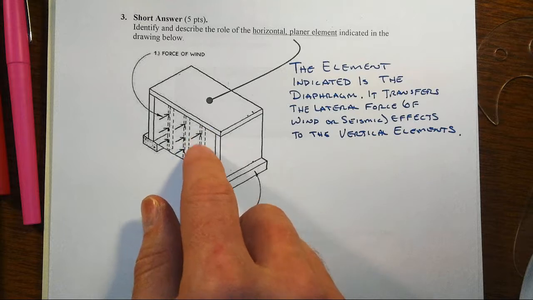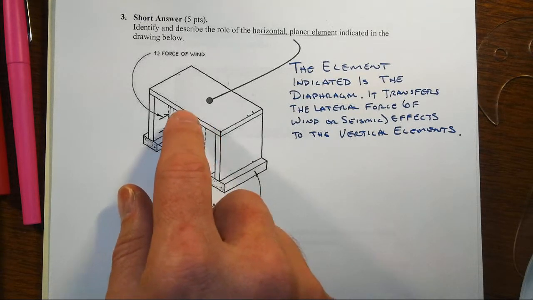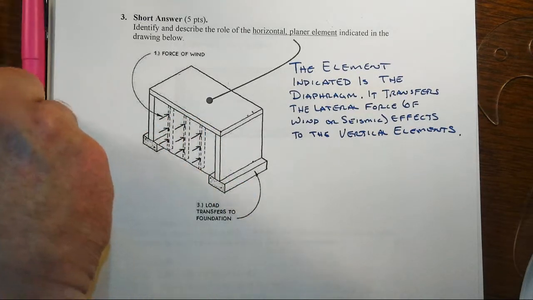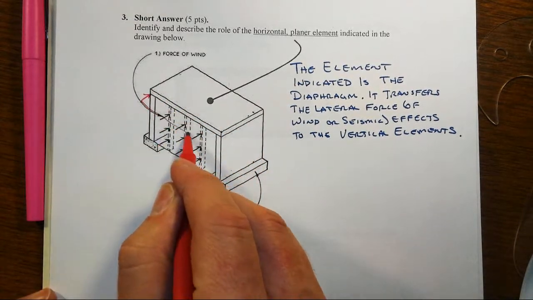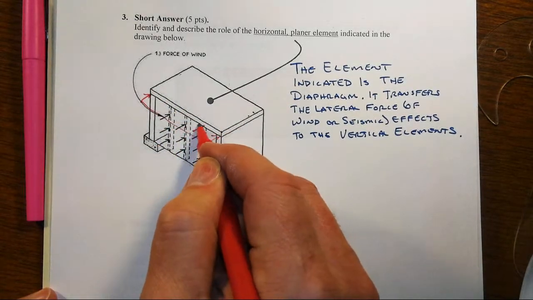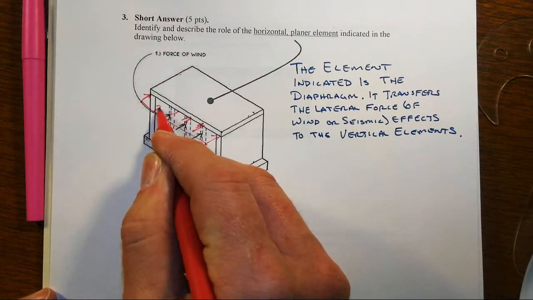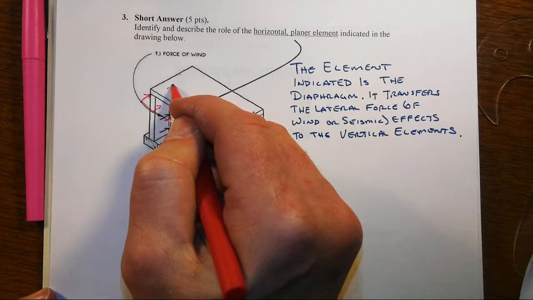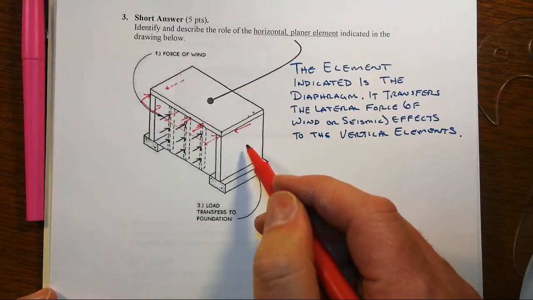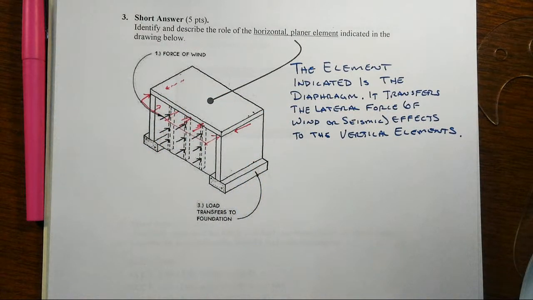Those little pieces go up and down in terms of transferring load. That means we have a whole bunch of distributed forces imposed on this diaphragm. The diaphragm, through bending action, is going to transfer those effects over to the vertical elements, which will take it down to the foundation.